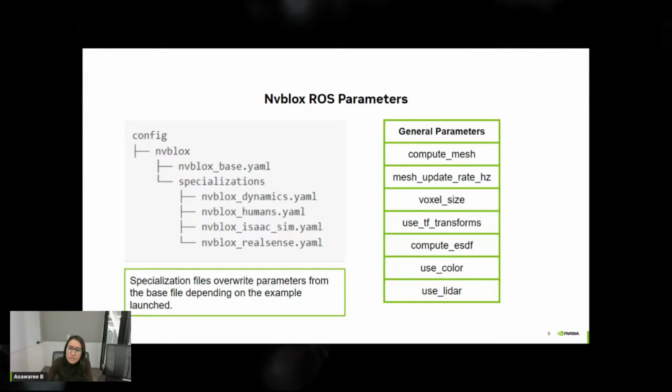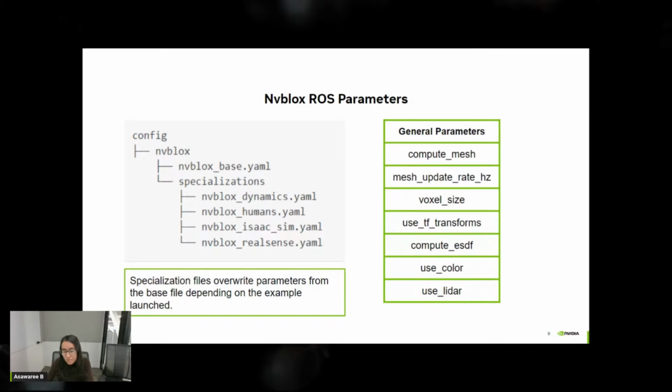Then you have the mesh update rate hertz param. This specifies the rate in hertz at which to update and publish the mesh. I believe a higher rate would possibly require a heavier Jetson to run this, because it's more compute intensive. Then let's come to the voxel size parameter.